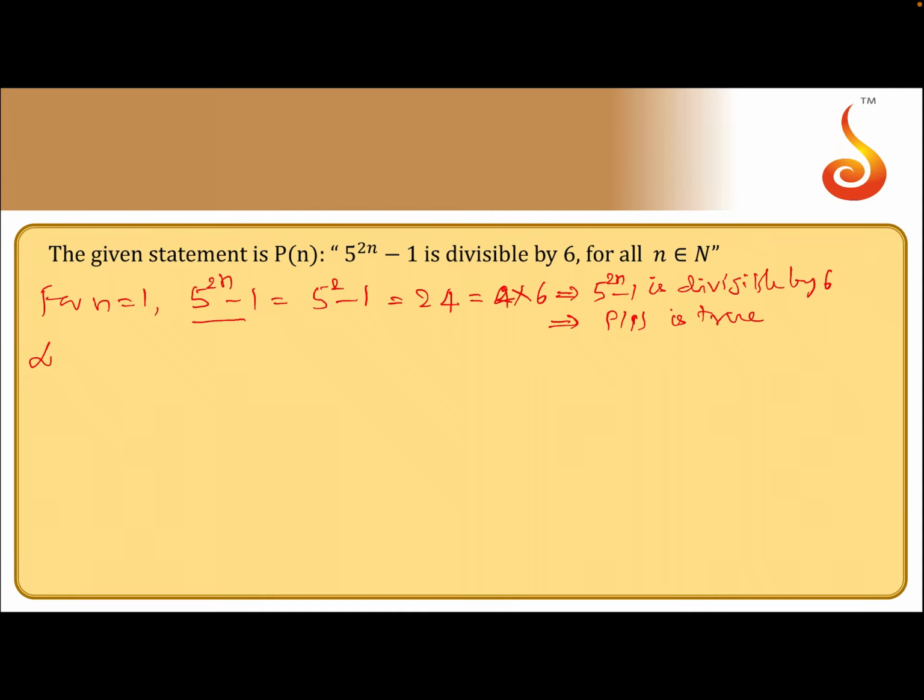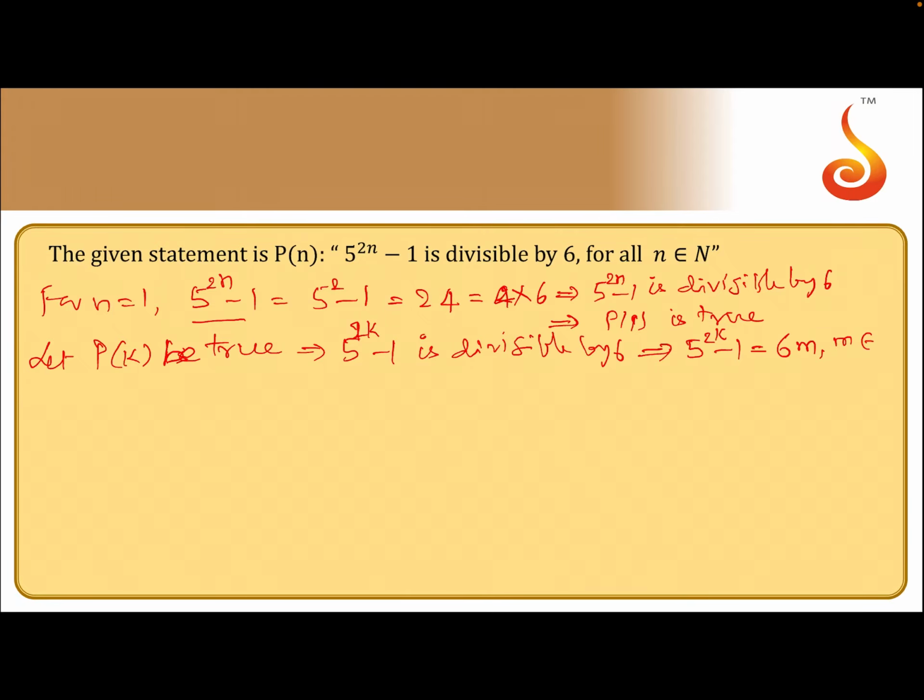So we now assume the statement to be true for k, let P k be true. It implies that 5 to the power of 2k minus 1 is divisible by 6, which implies 5 to the power of 2k minus 1 is equal to 6 times some integer value m, where m belongs to Z, the integer set.